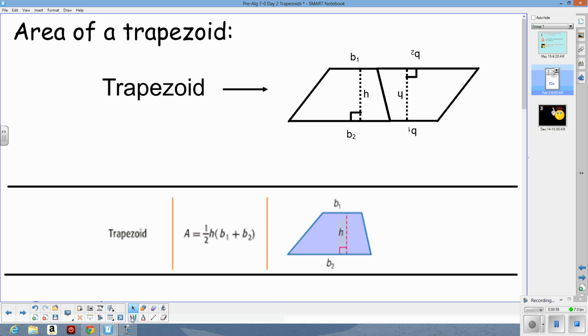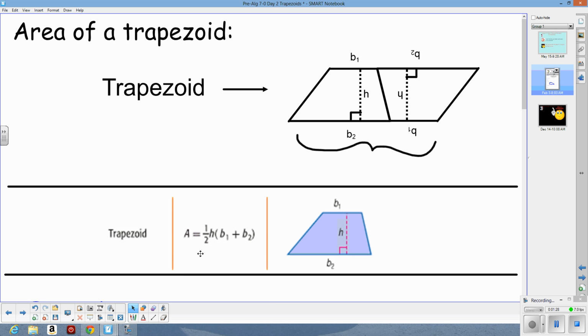Well, this particular parallelogram would have base 1 plus base 2 as the base, times the height, which is h. So now if we take b1 plus b2 and multiply that answer by the height, that would give us the area of this parallelogram, but the trapezoid is only half of that, which leads us to the formula for a trapezoid.